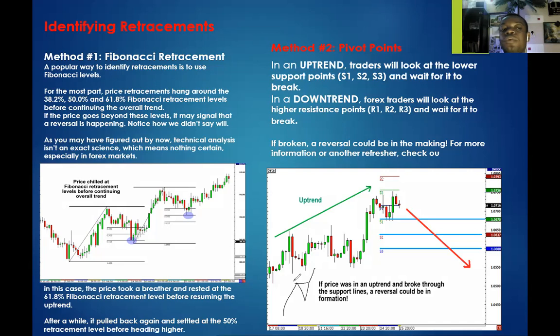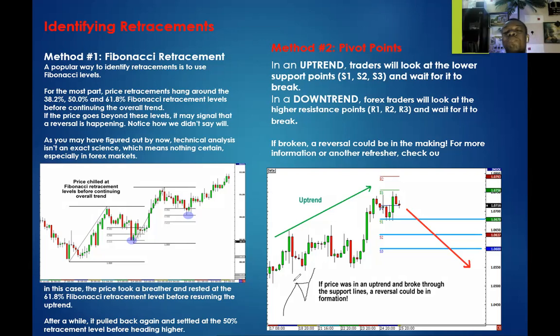We have the 50.0 level, the 61.8 level, the 78.6 level, and 88.2. All these are Fibonacci levels. But these three levels mentioned, 38, 50, and 61, are very valid Fibonacci levels, where when the market gets to them, there is a tendency that the market will retrace back and continue on its original direction.